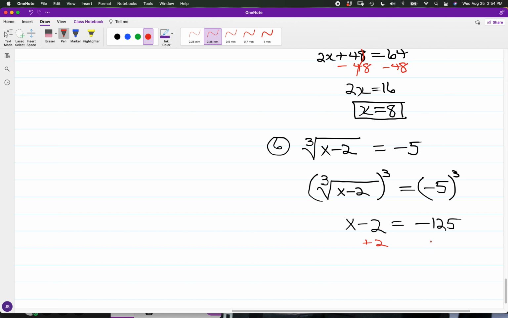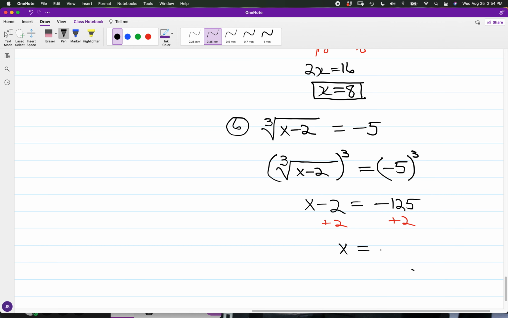Getting the x by itself, if I add 2 to both ends, I have x is equal to negative 123. And that will be the solution here.